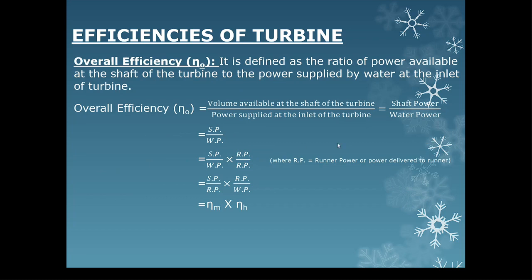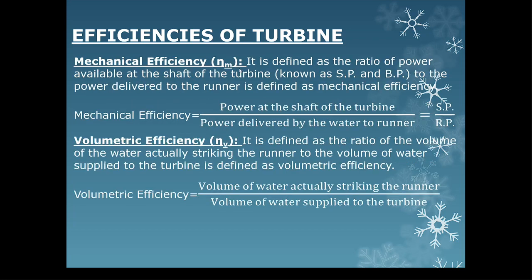Next is mechanical efficiency. It is defined as shaft power by runner power: the ratio of the power available at the shaft of the turbine to the power delivered by the water to the runner.